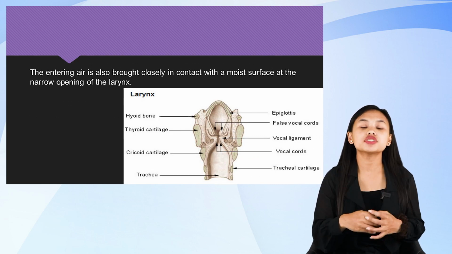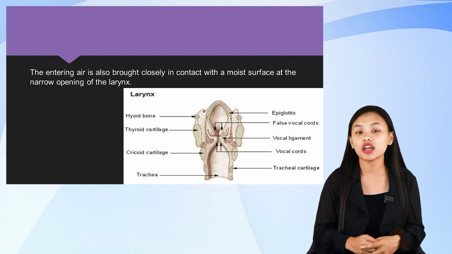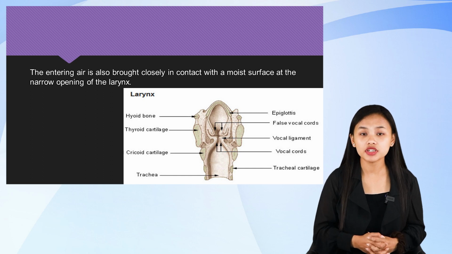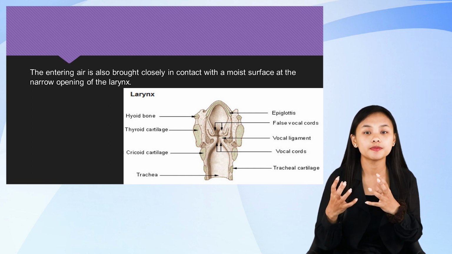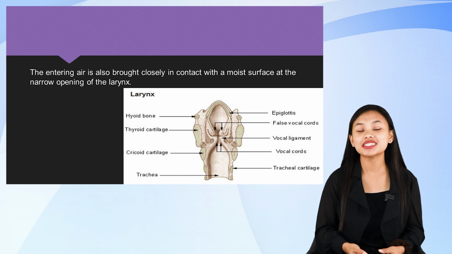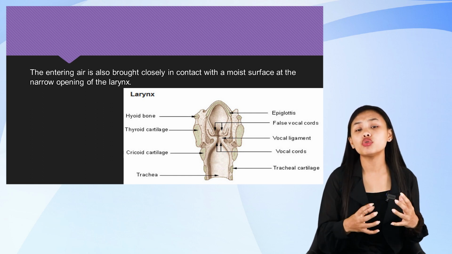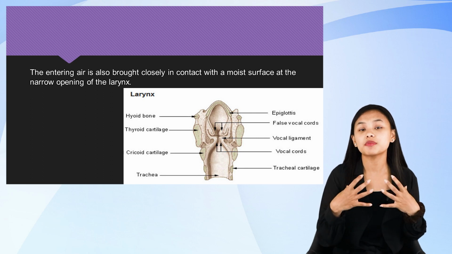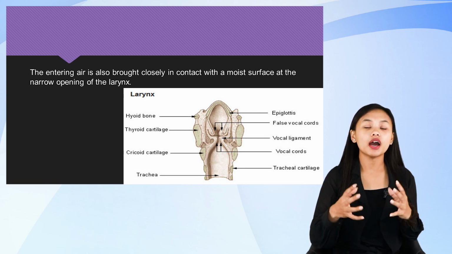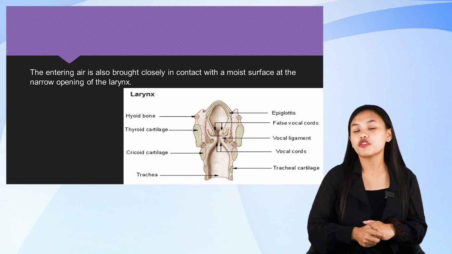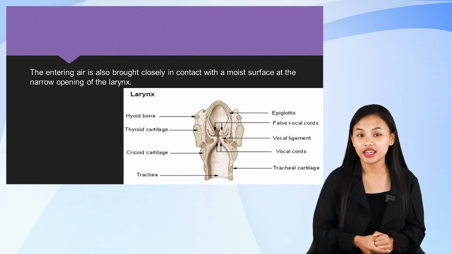The entering air is also brought closely in contact with the moist surface at the narrow opening of the larynx, so that the bacteria and other foreign substances cannot easily enter the lungs. That these guards are not perfect is shown not only by the infections which take place here, but also by the large amount of black carbon which is deposited in them from the soot contained in the air.